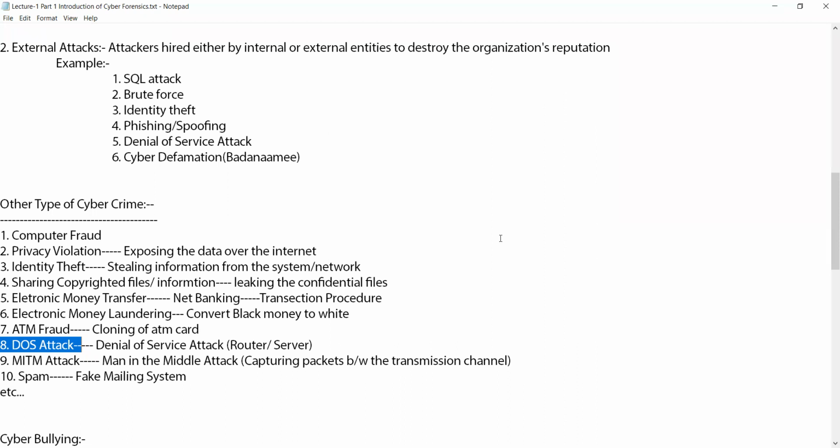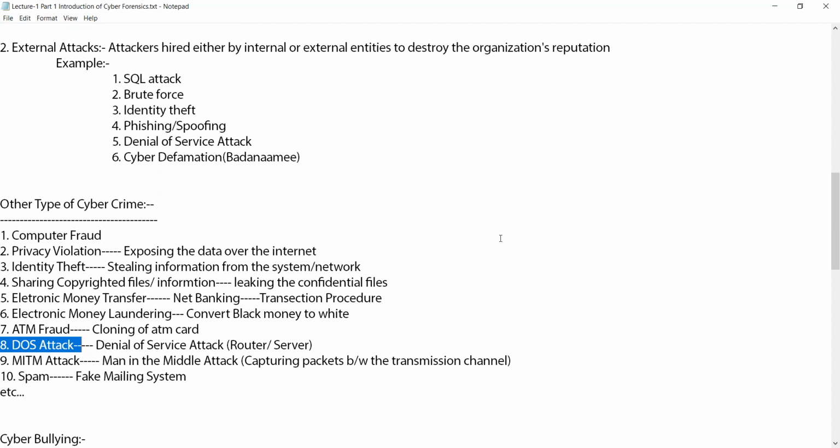And the next part is called spam. Now what is spam? Spam is basically a fake mailing system. Multiple types of cyber criminals use that procedure to perform attacks over a particular organization, to gather data and information by using a fake mail system, and they can also use it to communicate with other people by using a fake person's mail ID.